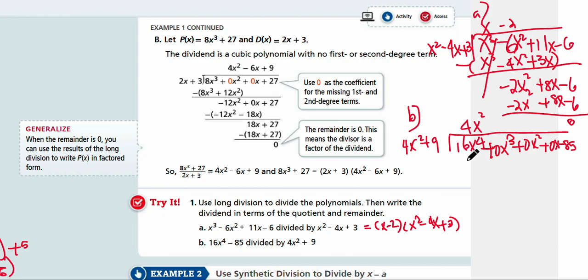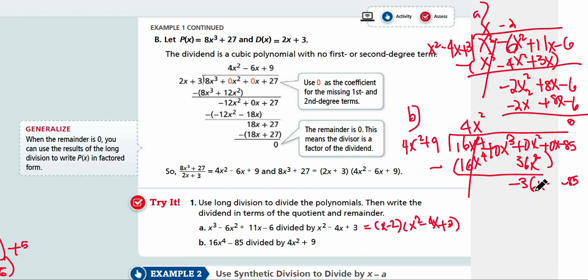And then you multiply this and you get 16x to the 4th power, and then you multiply 4x squared by 9, and you get 36x squared, and then put it below the matching term, and then you're subtracting this, right? And so this is gone, but you don't have 0x cubed, so that's gone as well. And then you have negative 36x squared, and then you have 0x, and then minus 85.